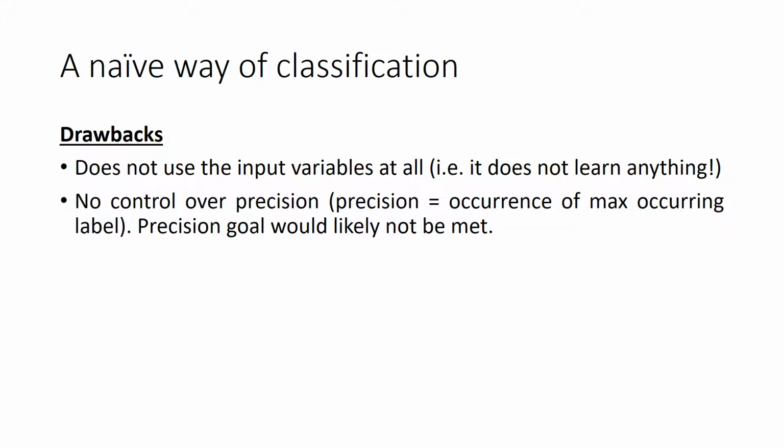What you are likely to find is that precision is just equal to the occurrence of the max occurring label. So whatever precision goal you are likely to define for your problem is not going to be met because you have absolutely no control over it. You can't improve it.